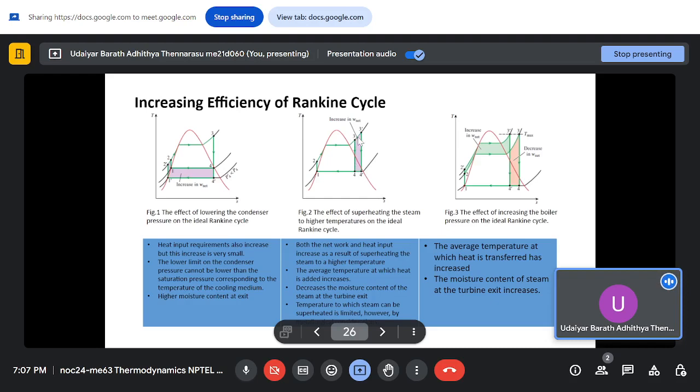So here there is an addition of heat, and there is also an increase in work which you are getting. This shaded area is the additional work which you will get, and the advantage here is that your dryness fraction also increases at the exit.